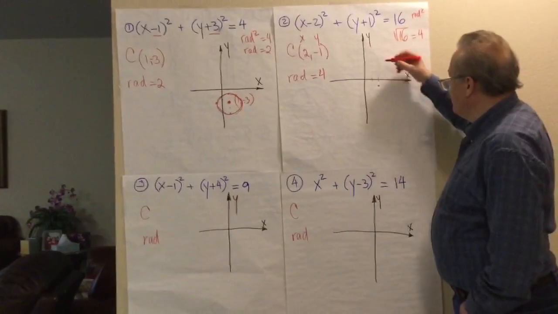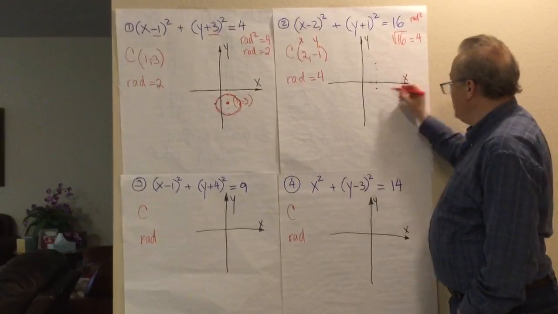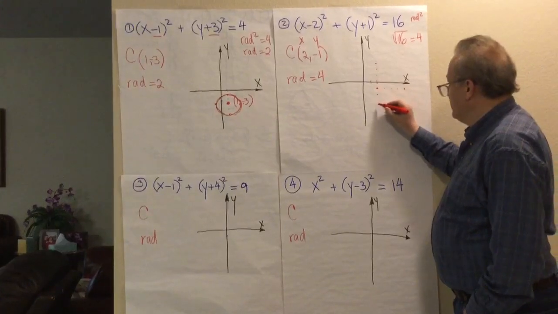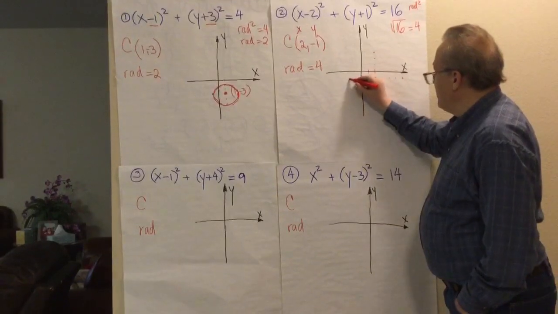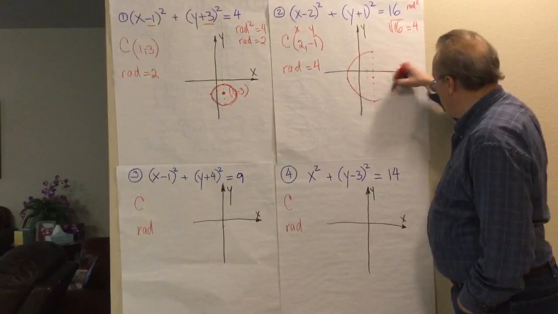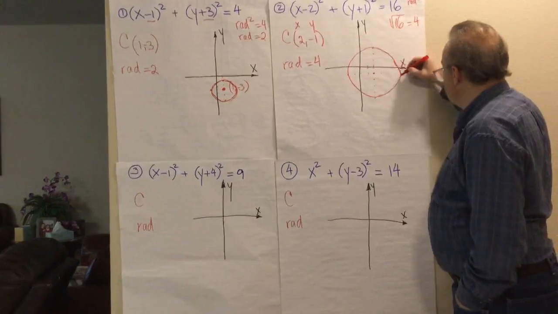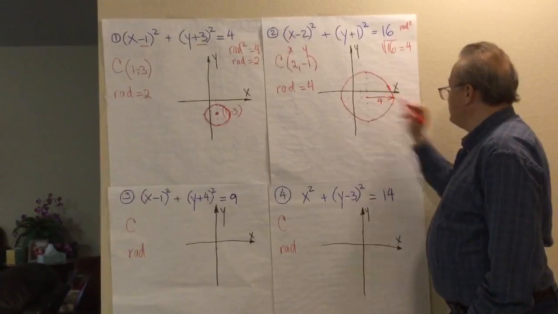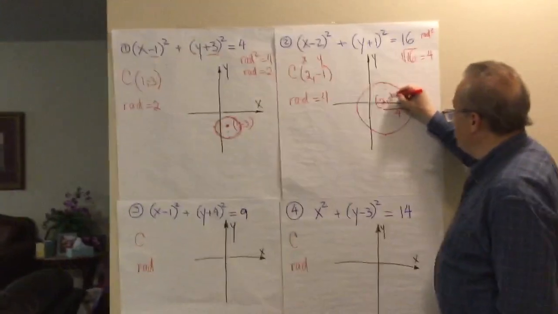Okay, so I'm going to count 1, 2, 3, 4 in each direction, and I'm going to draw a circle through all those points. All right, that's my circle with the radius of 4. My center is (2, -1).